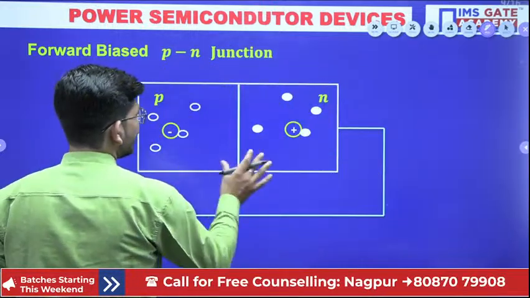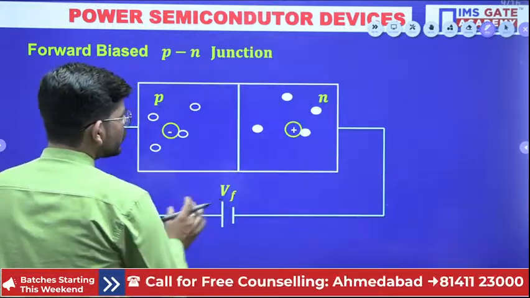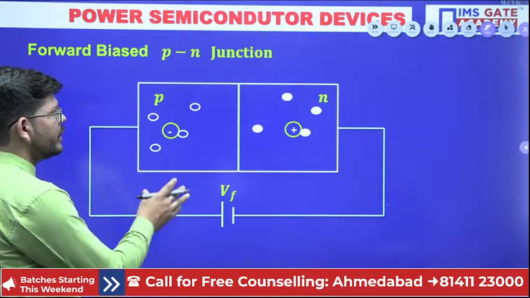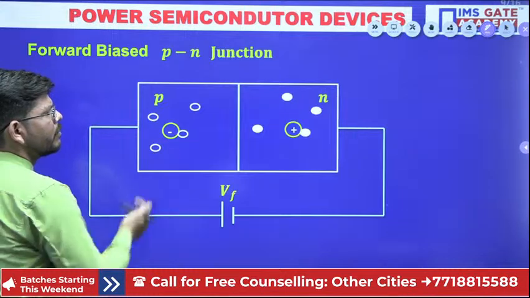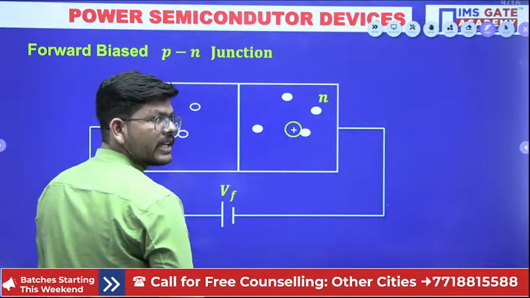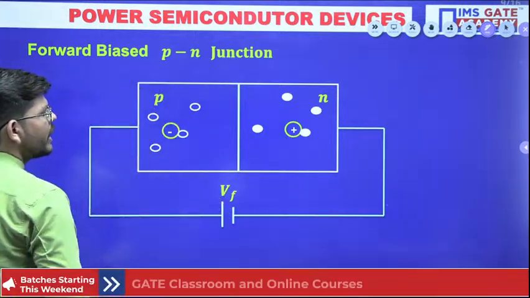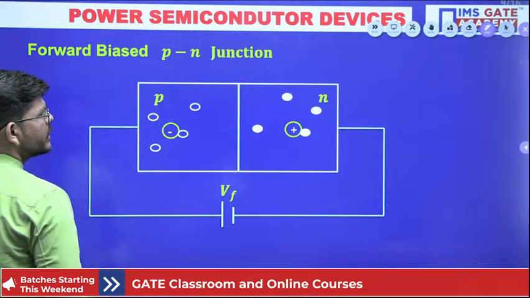So this is a P type and N type wafer. Now let us suppose we have forward biased this particular PN junction. Forward biasing means we have applied positive potential at the P side and negative potential at the N side. So what will happen?